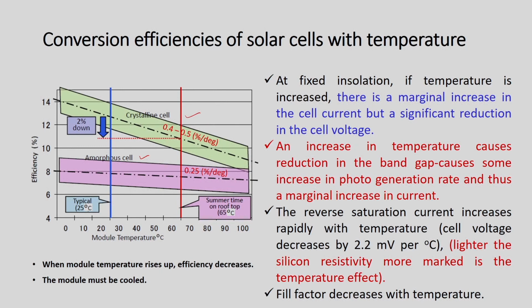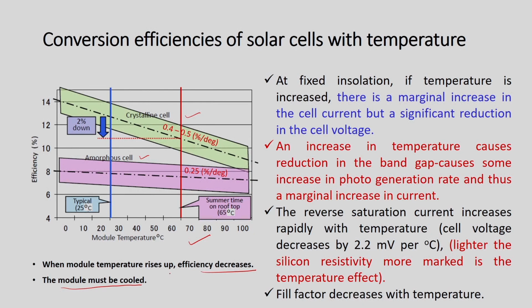As you can see, the decrease is about 0.4 to 0.5% per degree rise in temperature, and for amorphous cells it is about 0.25% per degree rise in temperature. So when the module temperature rises, the efficiency decreases. So we need to have some kind of cooling for improving the efficiency.